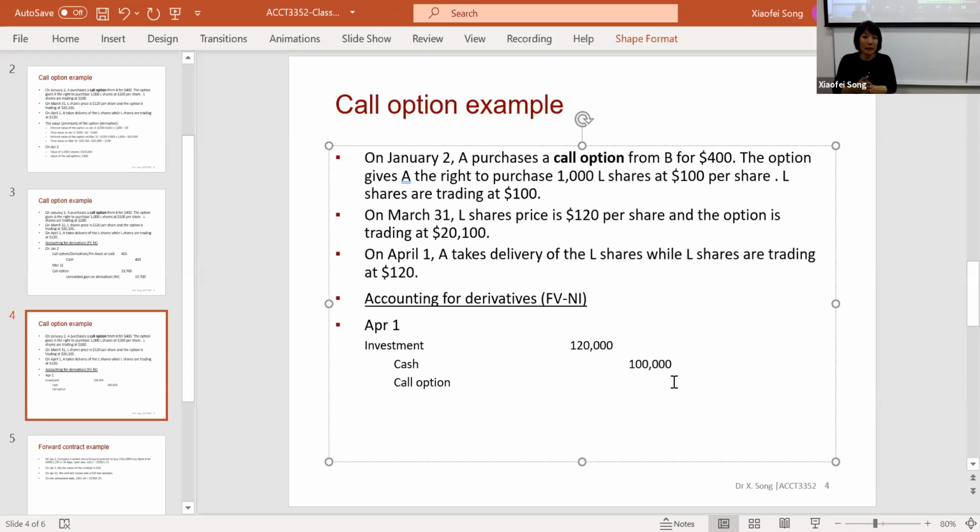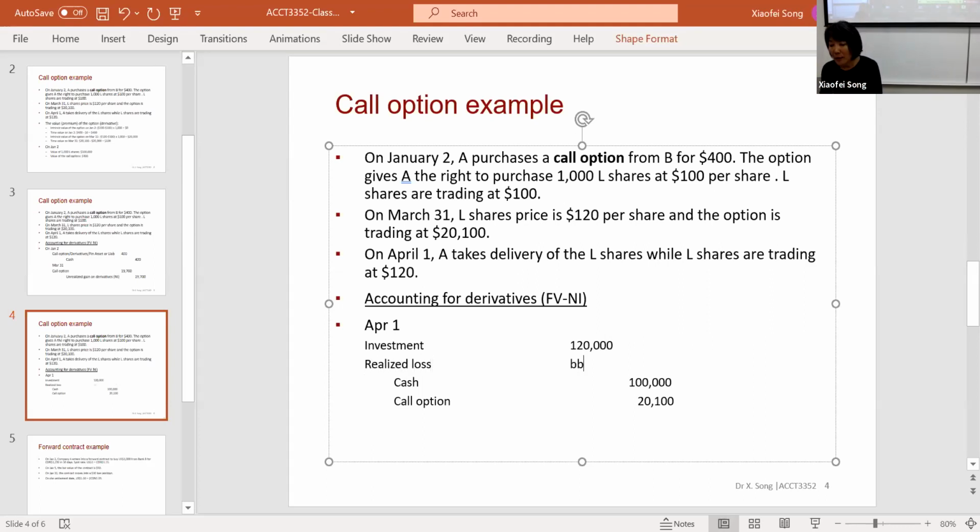on the account, right? So it was initially 400. We made adjustments to bring it to the fair value on March 31st to 20,100. So it should be 20,100. That's good. And now there's a $100 difference between debit and credit. So we need to plug something here that is realized loss, right?